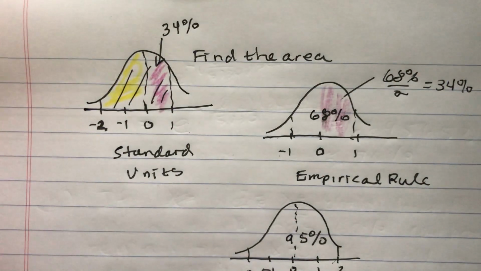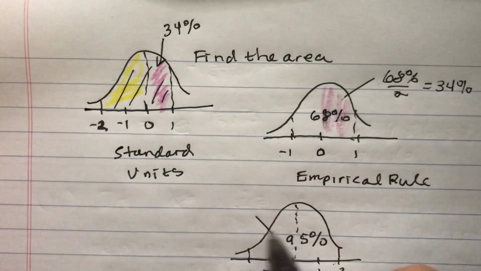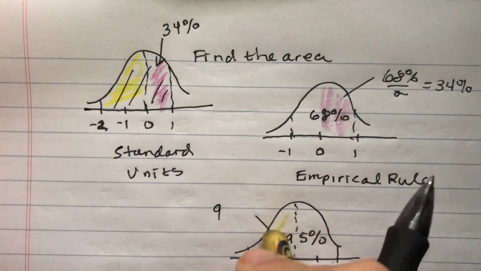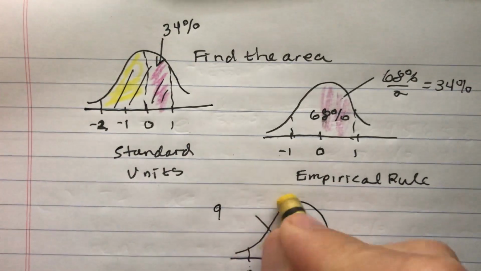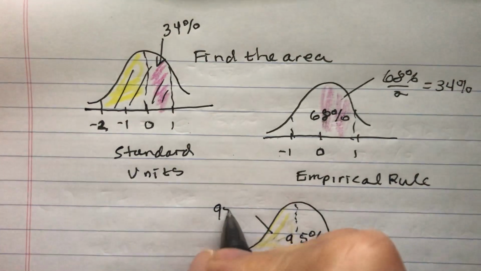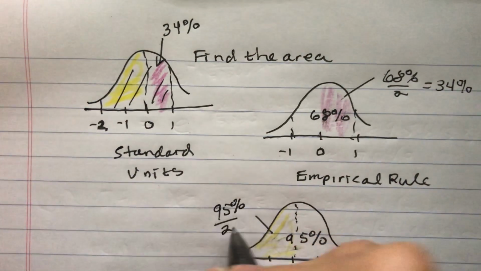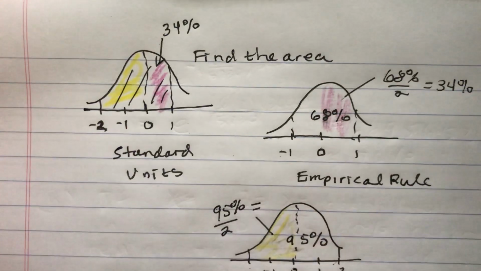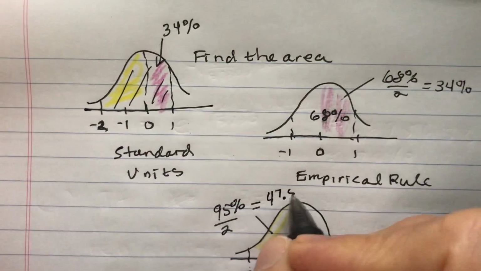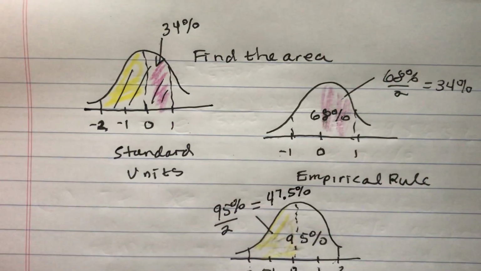And so between -2 and 2 is 95%. So this region right here that's between -2 and 0, I'll color in the exact same color, is going to be 95% divided by 2, which is 47.5%.